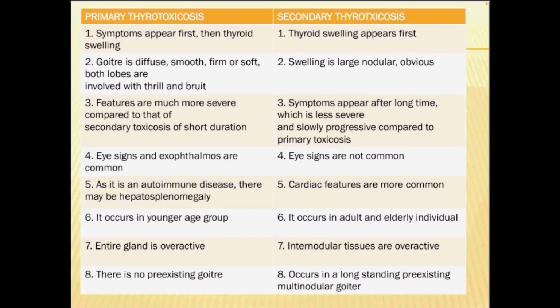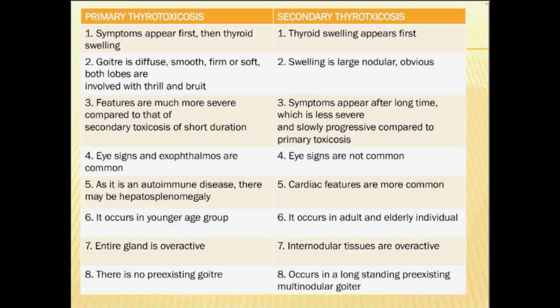Hyperthyroidism will not occur at the earliest time, so the swelling appears first in secondary thyrotoxicosis. In fact, in primary thyrotoxicosis, the clinical features will be more severe compared to secondary thyrotoxicosis. In secondary thyrotoxicosis, the symptoms will appear after a long time. This is because of the negative feedback mechanism, as the rest of the thyroid gland is normal.